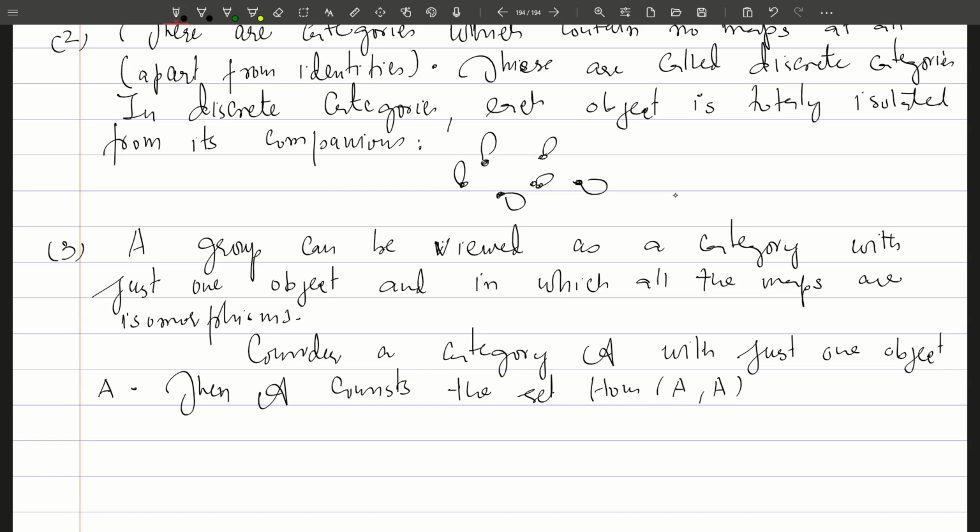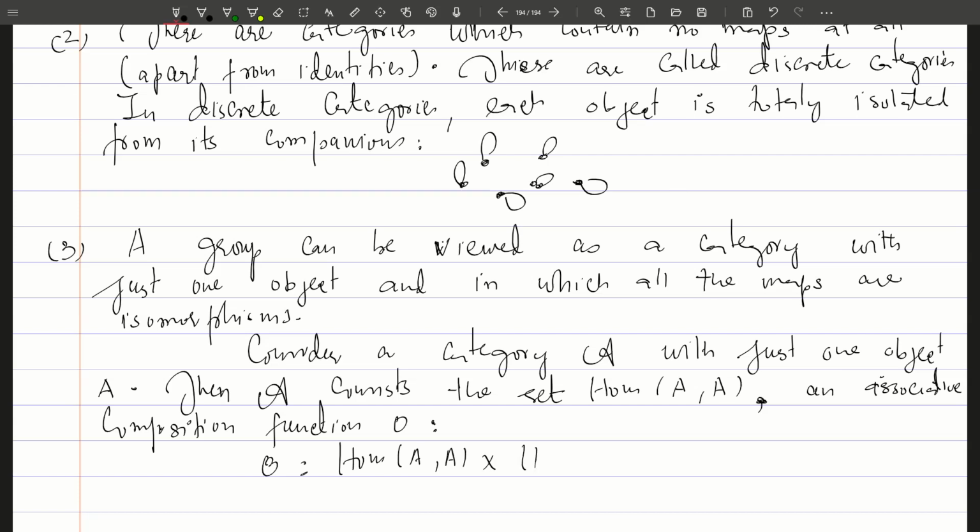First of all, it contains this set home A to A. Also, it contains an associative composition function, say O. This composition function O is a function from home AA times home AA to home AA.